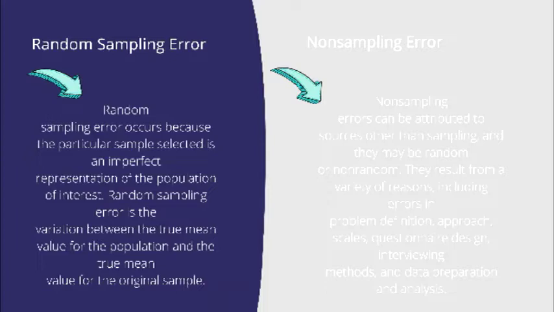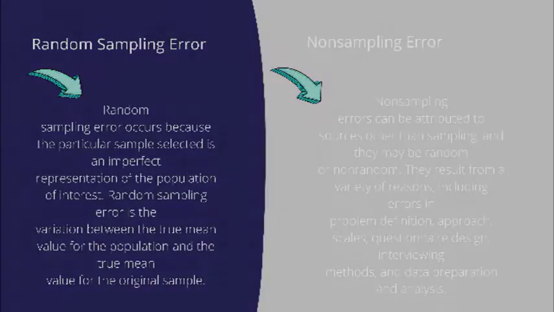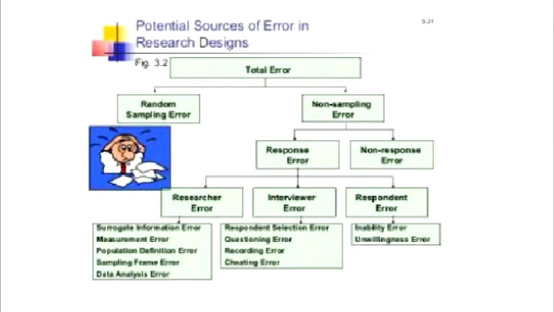They result from a variety of reasons, including error in problem definition, approach, scales, questionnaire design, interviewing methods, and data preparation and analysis. Okay, next, you can see the table of potential sources of error in research design.